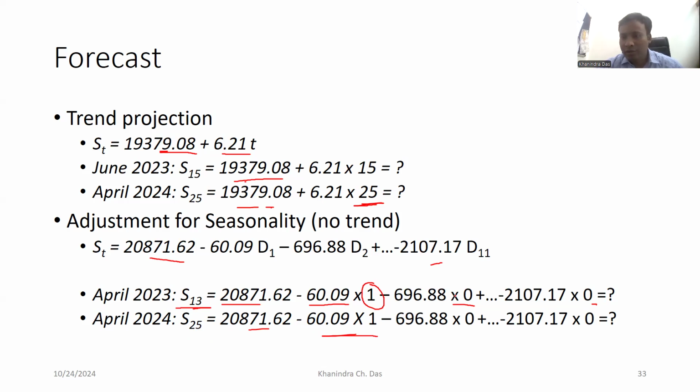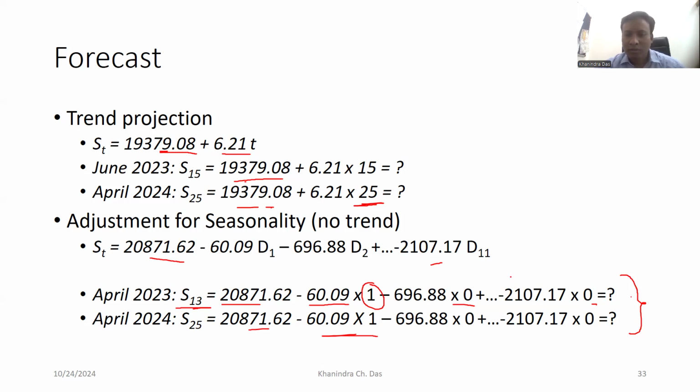So therefore, it's a matter of figuring out with alternate specifications. For illustration, we have not included the trend component. It can be included to check which forecast specification is going to give better forecast accuracy.